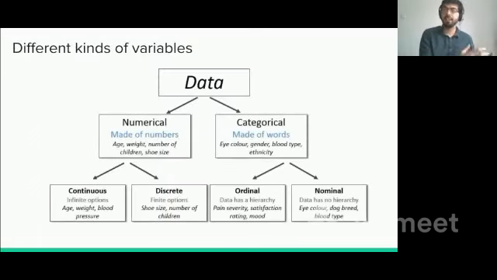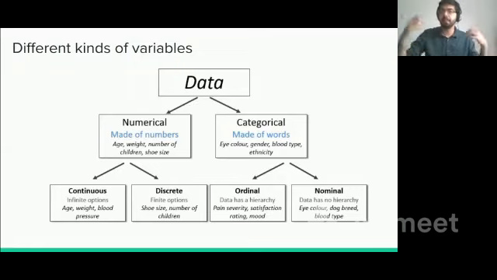Now, different kinds of variables. Right now, we are starting to look into tabular data sets, and when we start seeing tabular data, we see something very interesting. We see there are different kinds of data being stored, right? So there is numerical data in some columns. There is categorical data in some columns. And what do I mean by numerical data? Numerical data is essentially data that is made of numbers. So you have age, weight, number of children, shoe size, height of people.